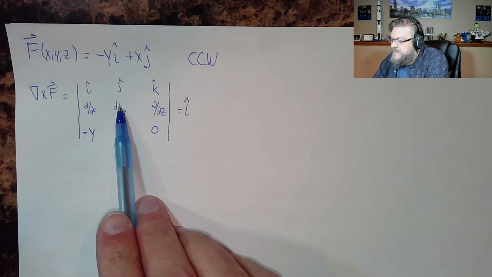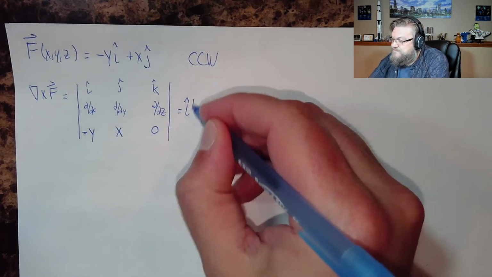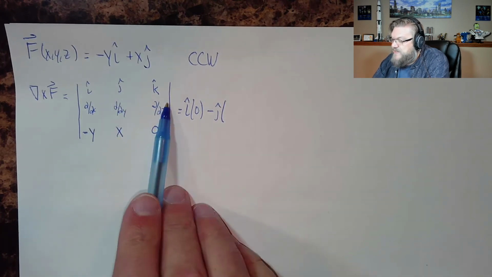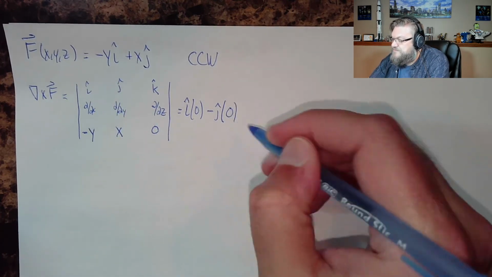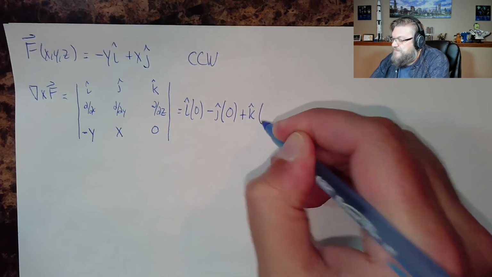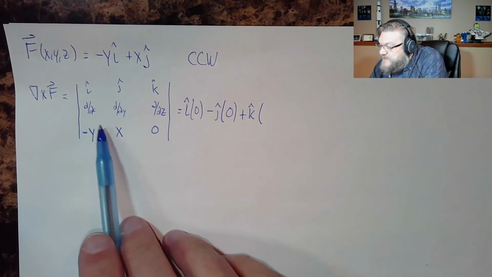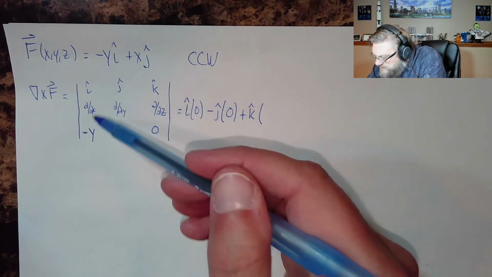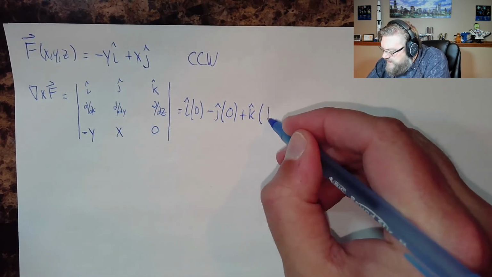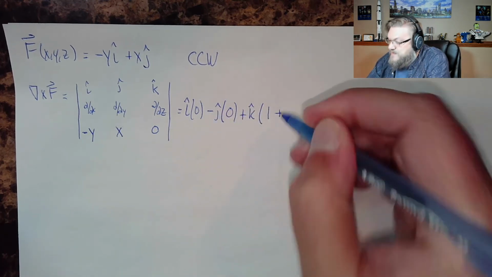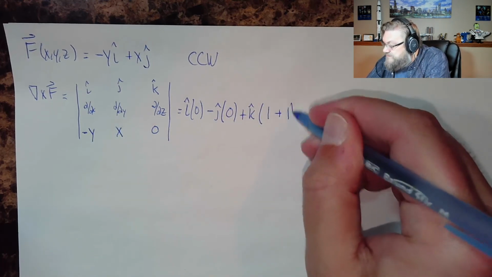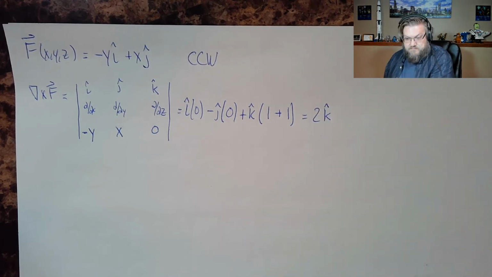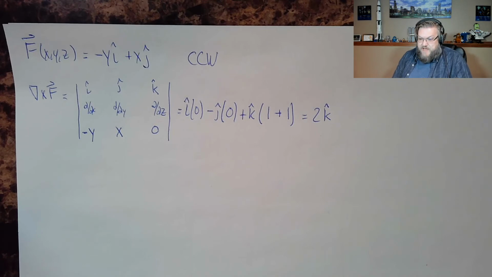Doing the i, that's going to be 0 minus 0. j, 0 minus 0. Plus k. k is going to be, what is that? Let's see, wait. Partial of x with respect to x is 1. Minus a minus 1. So I got 2k. Okay, see that? 2k.